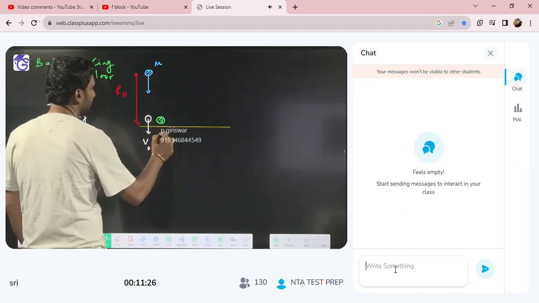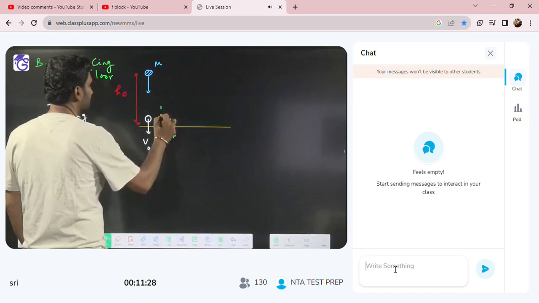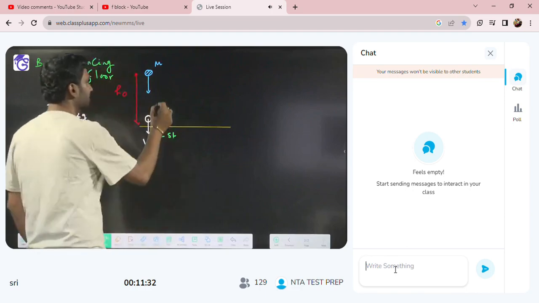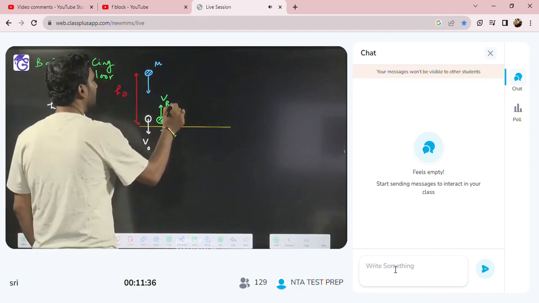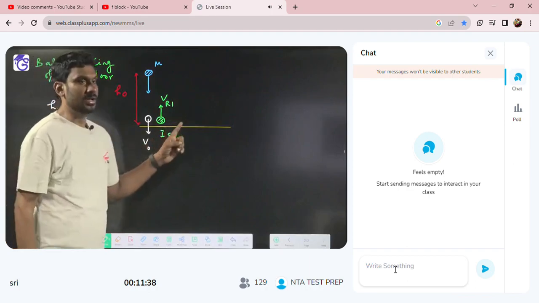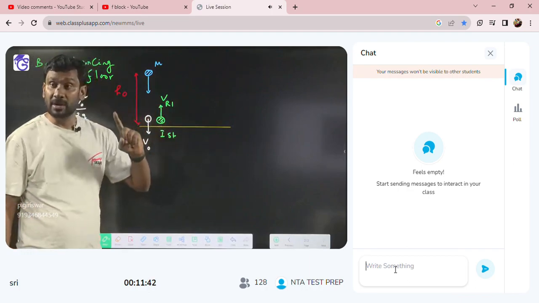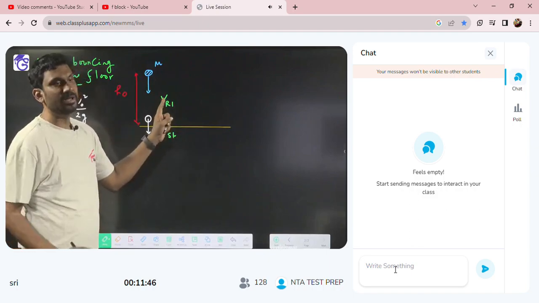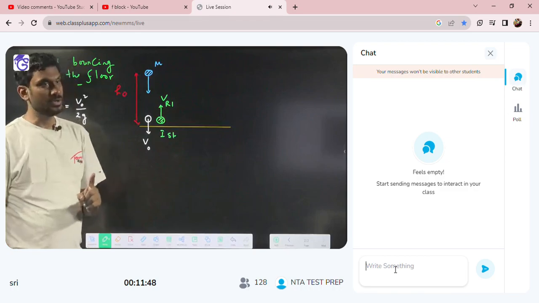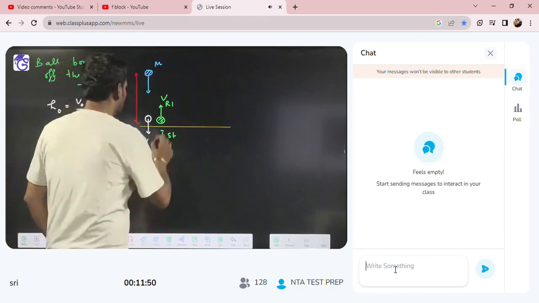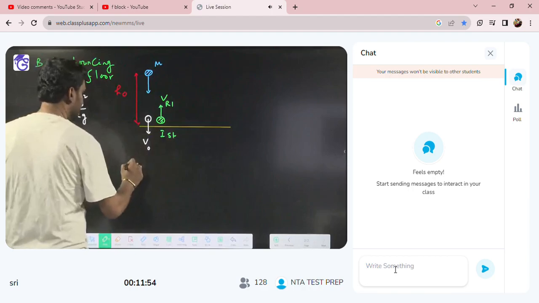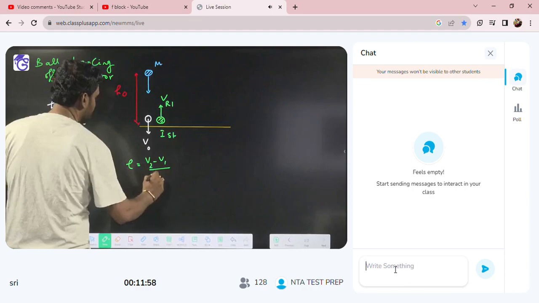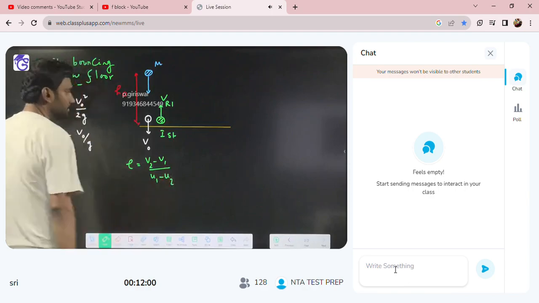Now, when it collides with this, suppose here first collision happens. So now it is rebounding. It is rebounding with velocity VR1. Look at the notation. R refers to rebounding, 1 refers to first collision. So if I apply the e value here, e is equal to V2 minus V1 by U1 minus U2.